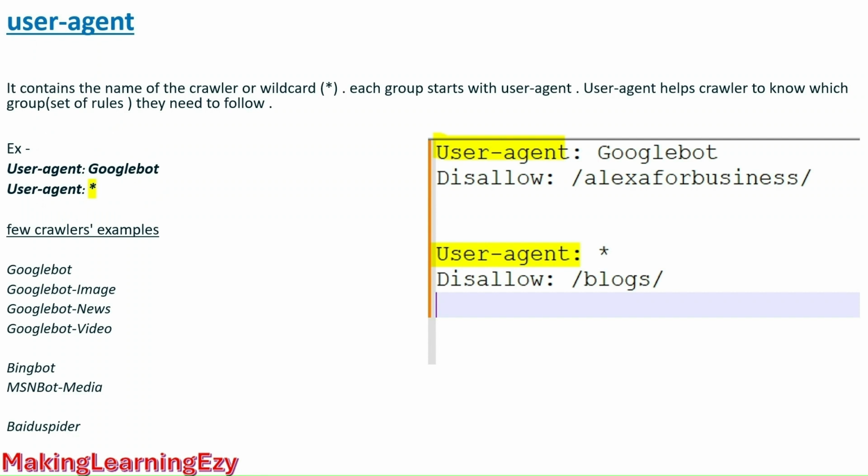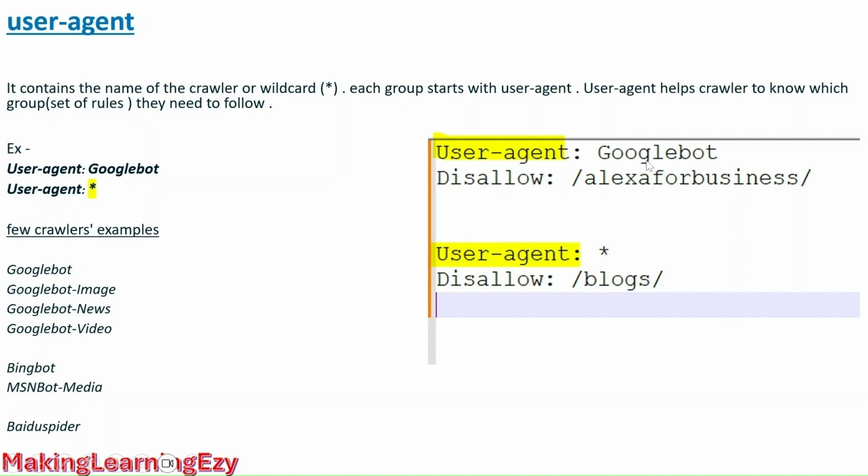First is user agent. User agent contains the name of the crawler or wildcard. Wildcard means star. Each group always starts with the user agent directive. User agent helps the crawler to know which group they need to follow. I have attached one screenshot from robots.txt, and you can see there are two groups present.